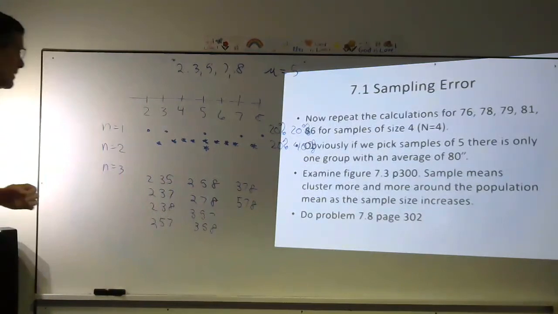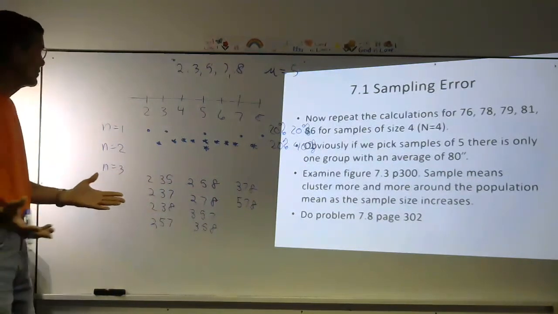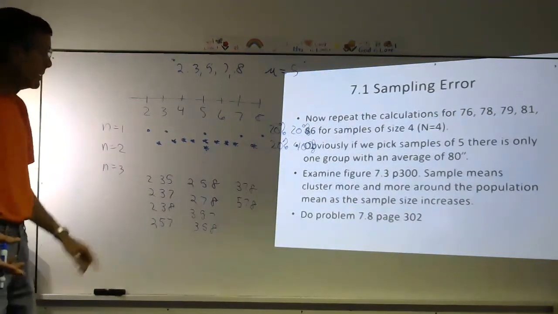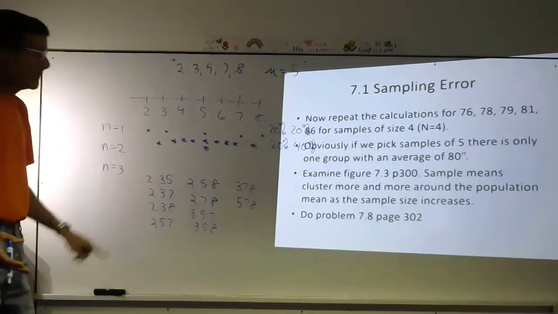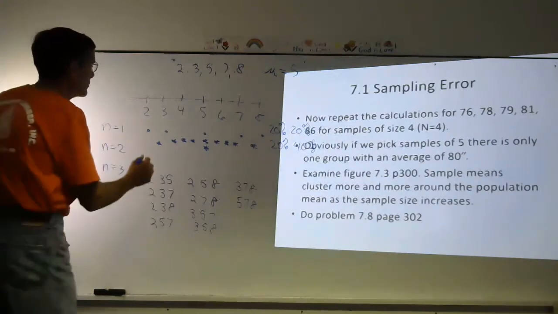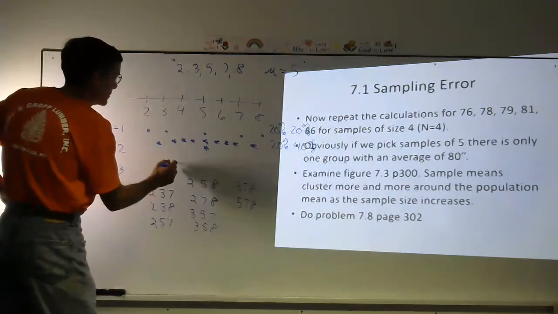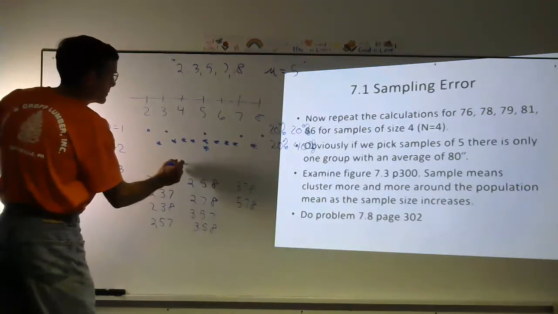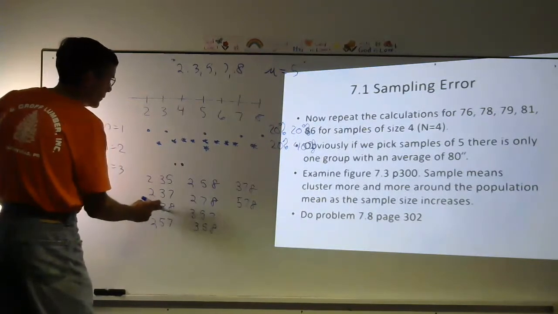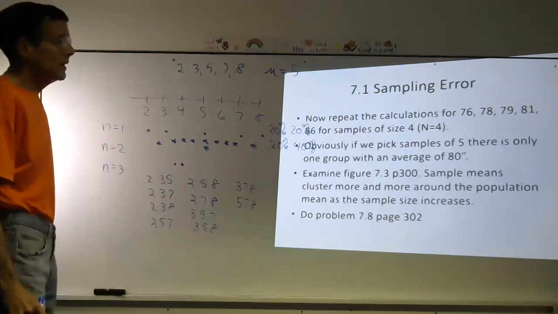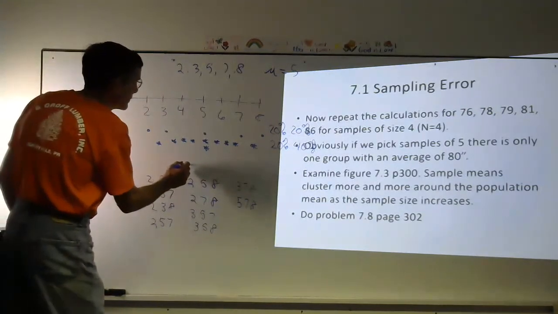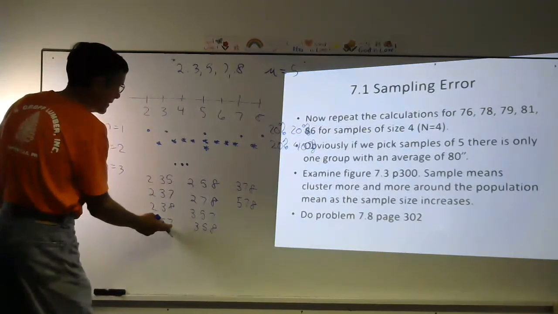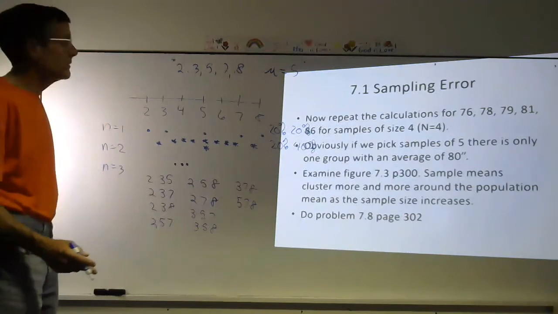Okay, now let's see if we can find averages for groups of size 3, and I'll put dots here once again. So you add up and divide by 3. So we have 10 divided by 3 is 3.3, which is right about there. 12 divided by 3 is 4. 13 divided by 3 is 4.3. 7 and 7 is 14 divided by 3 is 4.7.